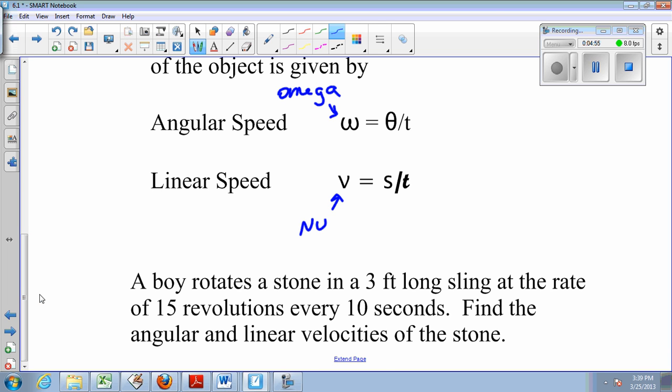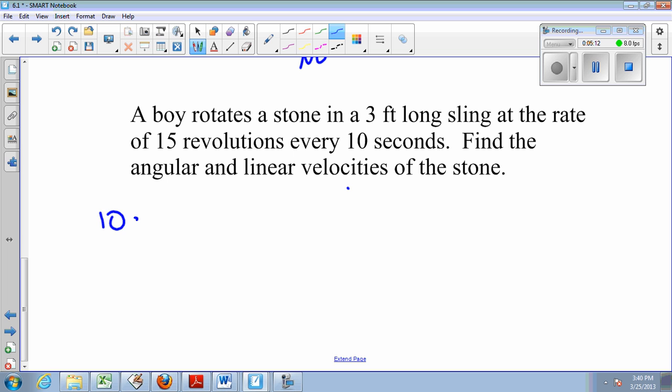A boy rotates a stone in a 3-foot long sling at the rate of 15 revolutions every 10 seconds. Find the angular and the linear velocities of the stone. So in 10 seconds, the angle theta changes by 15 times 2 pi, 15 revolutions, and it takes 2 pi for a revolution.